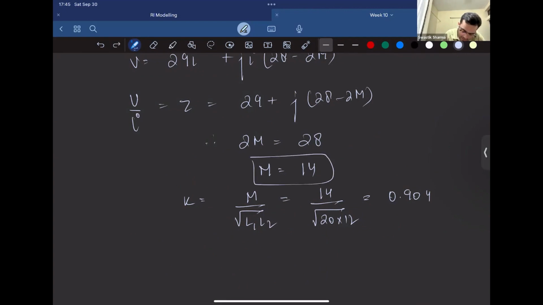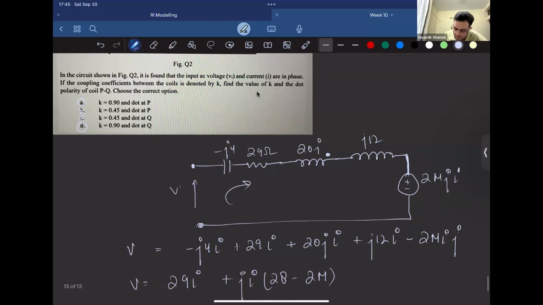And that's what we wanted, right? Had it been negative, we would have to reverse the polarity. So if that's the case, what's happening is it's differential, right? So that means the dot must be kept at which position?